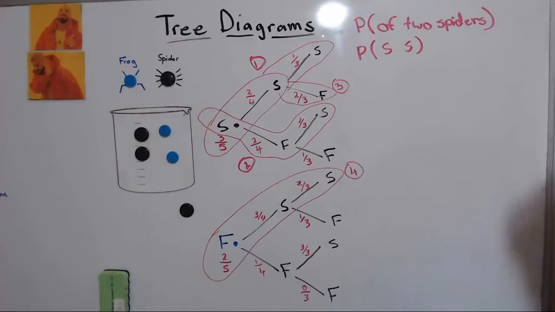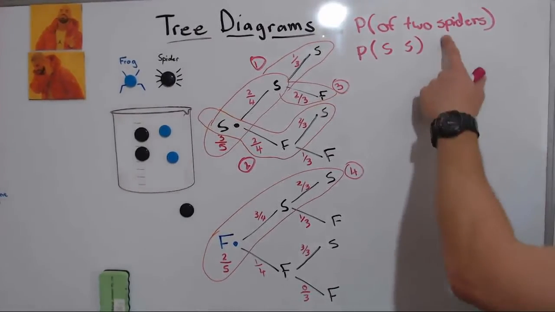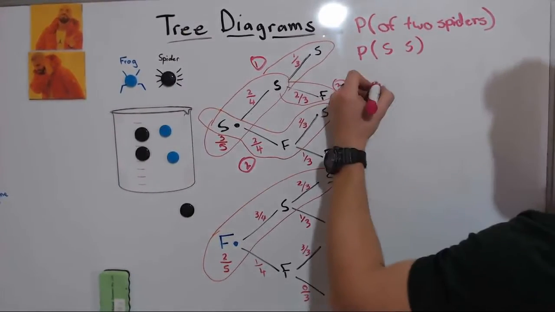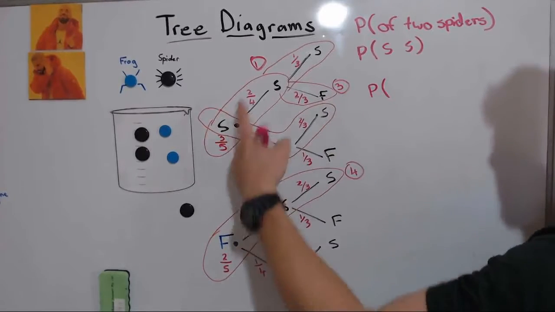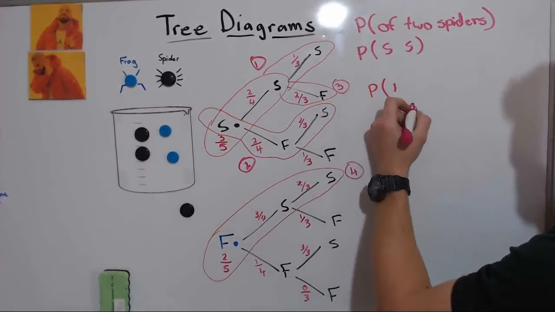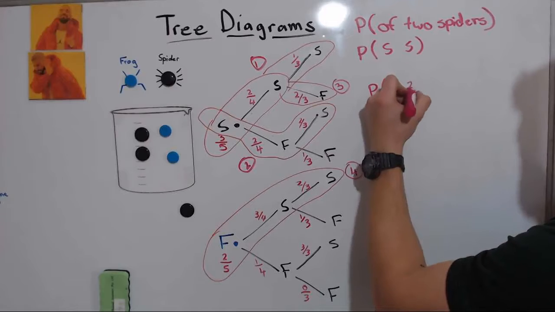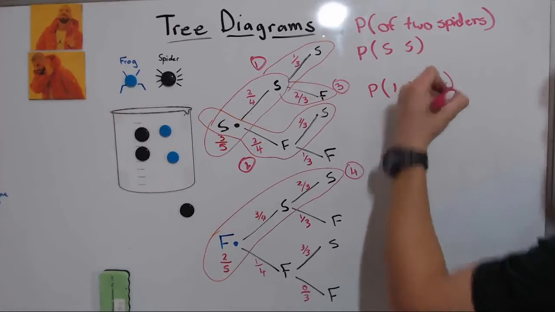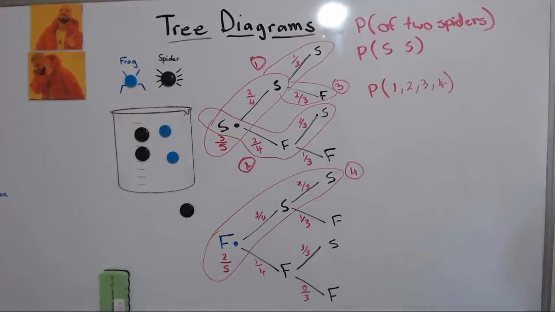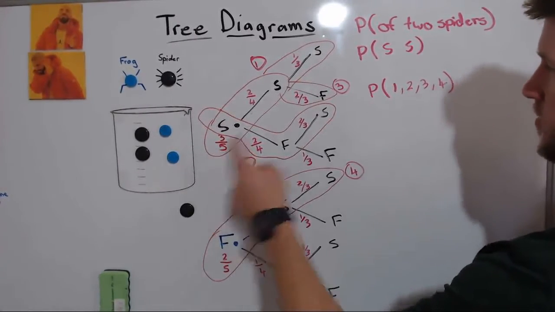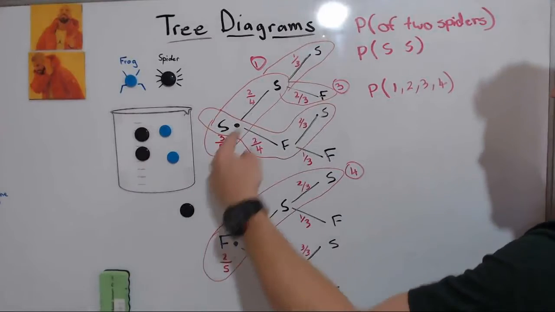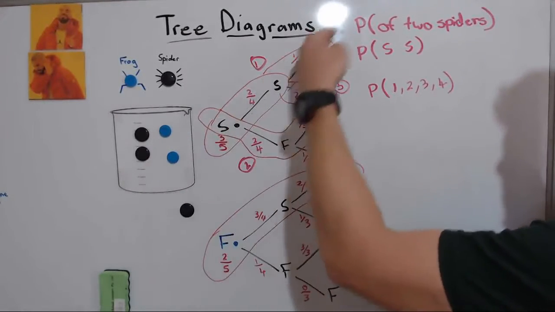So the probability from this question of ending up with 2 spiders would be probability of option 1, option 2, option 3, option 4. Now remember, when we go probability of option 1, which is this, we're going along the branch, so we're going to multiply.